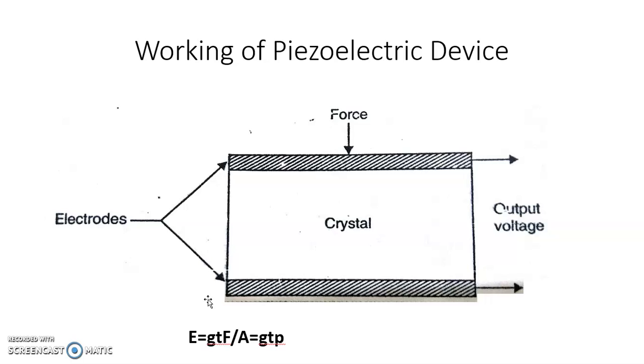They also have disadvantages, like the output is affected by change in temperature. If there is a temperature change, the output voltage also changes, and that may cause error in the measurement. So this is about piezoelectric transducers.